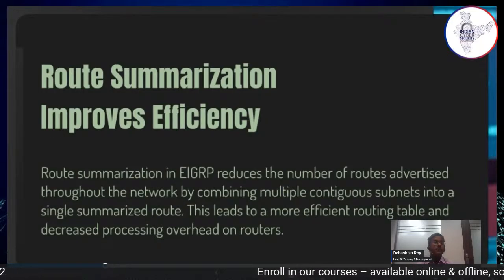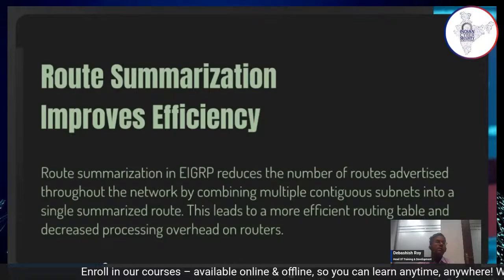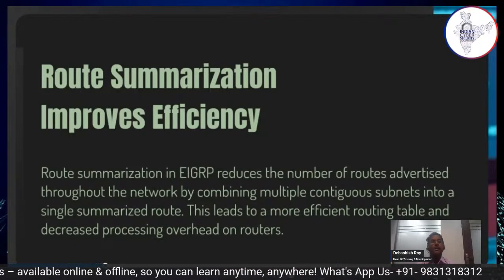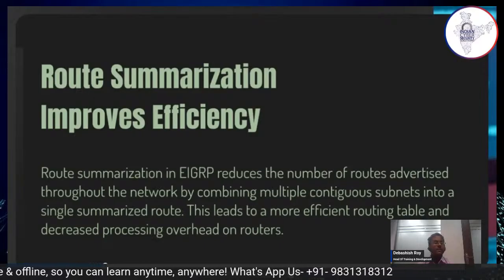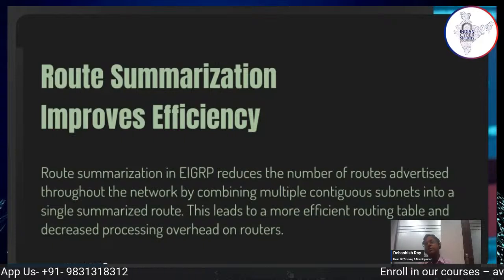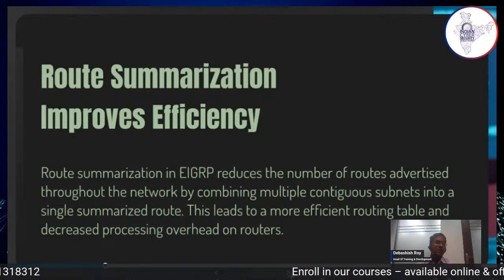So you can summarize the route. You can combine multiple contiguous subnets. Contiguous means that they have some common bit patterns, like 192.168.0, 192.168.2, like that. This leads to a more efficient routing table and decreased processing overhead. So that is why route summarization is done.